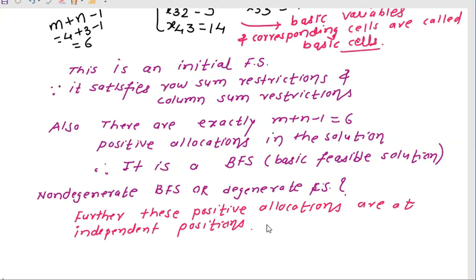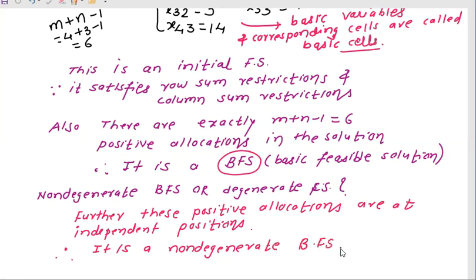Therefore, it is a basic feasible solution, and we say that it is a non-degenerate basic feasible solution.